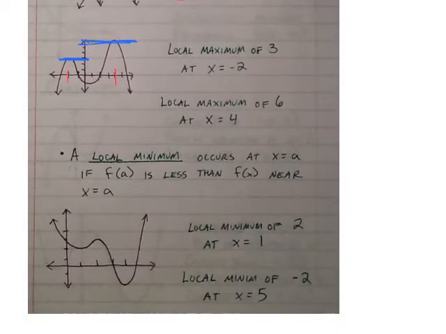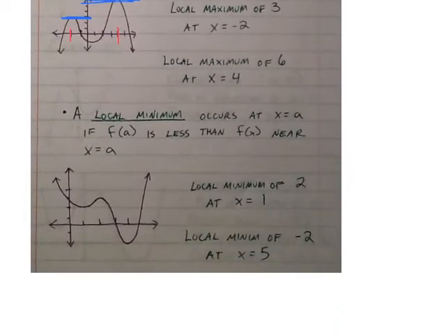A local minimum occurs at x equals a if f of a is less than the function near x equals a. So in this case it looks like we have a spot that comes to a local minimum there, and then we also have what looks like a local minimum right there. So we have a local minimum of 2 at x equals 1.